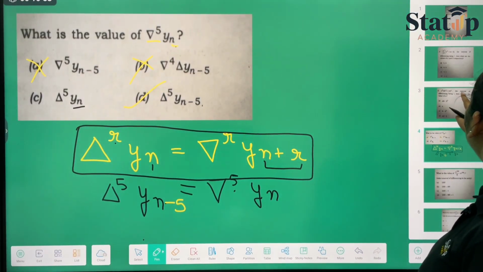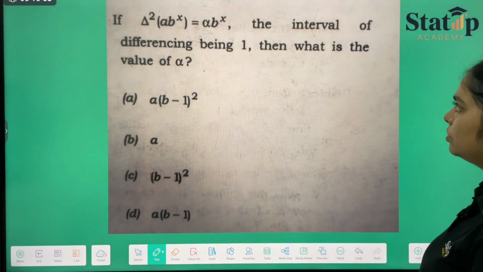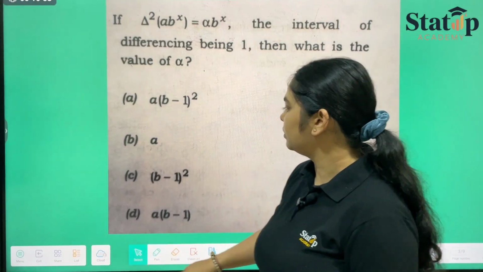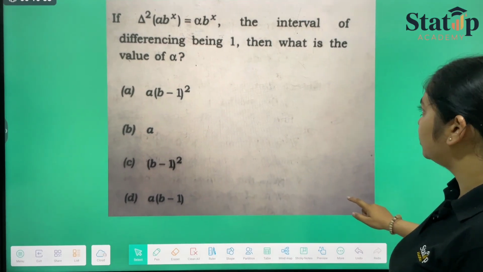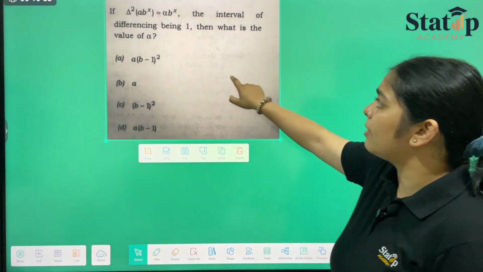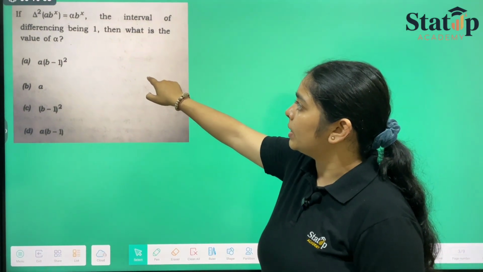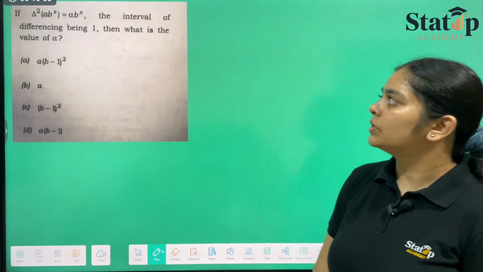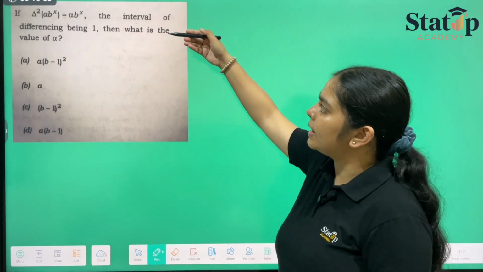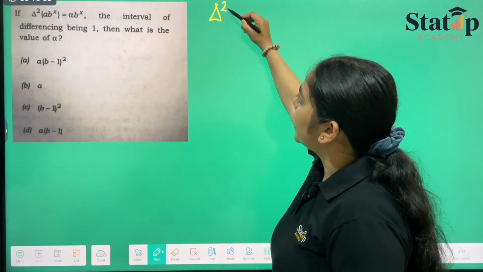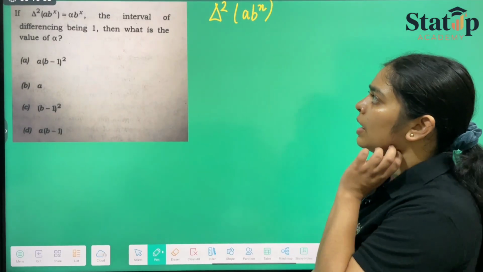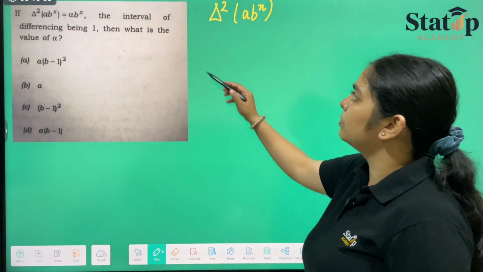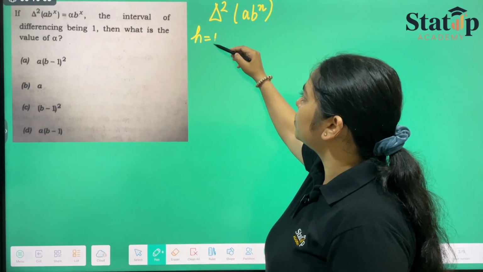Now moving forward to one of the important questions. We have two questions of the same kind. Here they have given us that delta^2 a^x b^x is equal to something, and the interval of difference being 1, which means h is equal to 1.